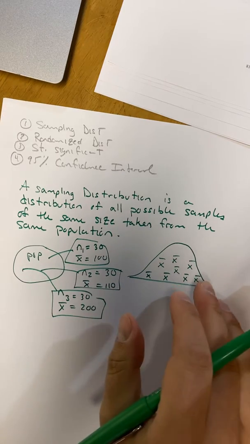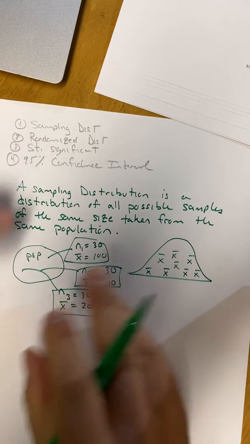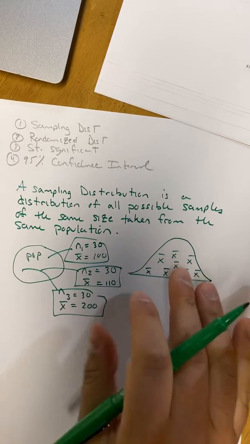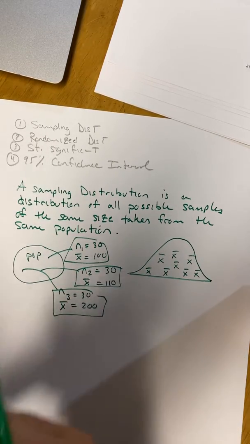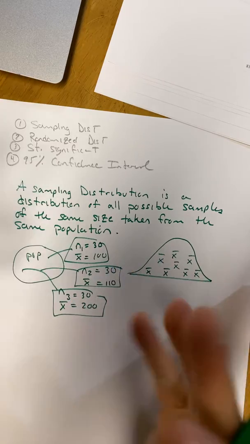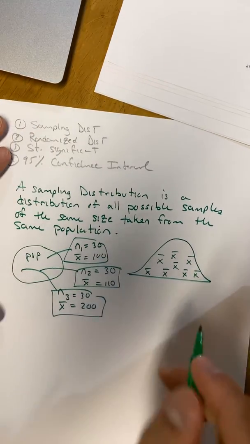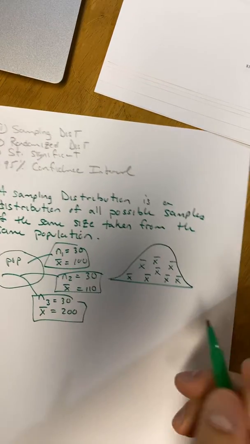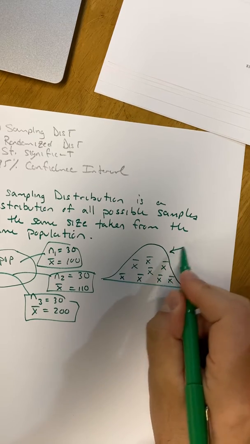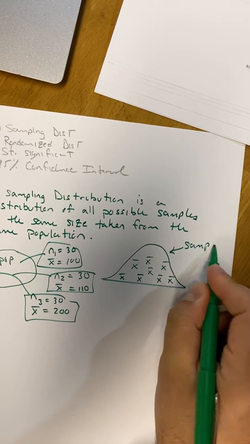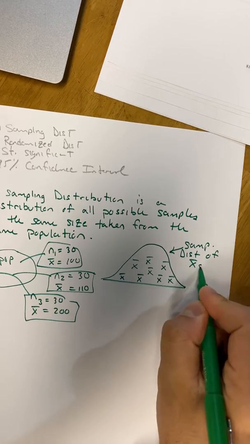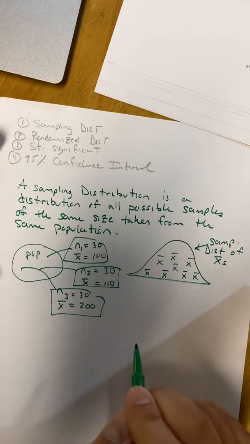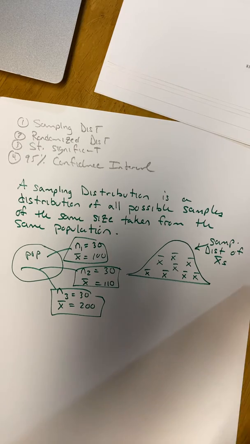It's a very powerful statistical tool, and I'm running through this really quick, but if you take stats or AP stats next year, we do this really slowly and will be able to really dive into this very powerful topic. So this is a sampling distribution of all these X bars. That's kind of it in a nutshell.